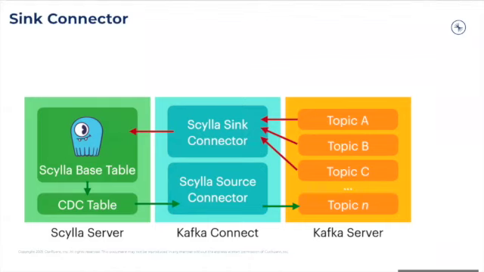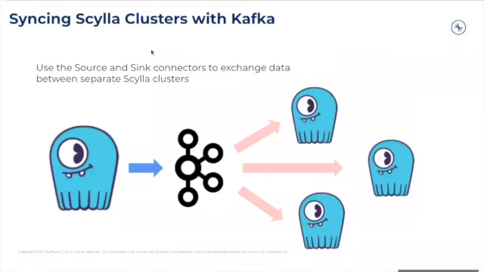Next slide. So here's that simple pipeline use case. I've got some cluster, the big cluster over there on the left. I will CDC or source connect that into topics in my Confluent Cloud cluster or my local Kafka cluster. And then I can sync those into other clusters.